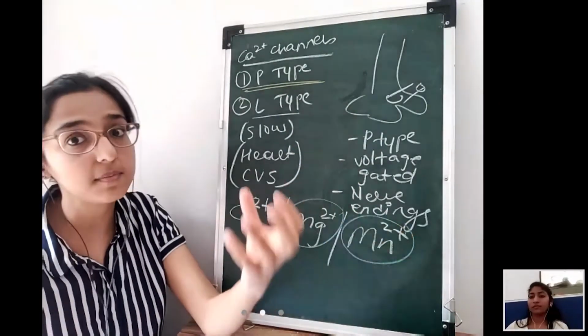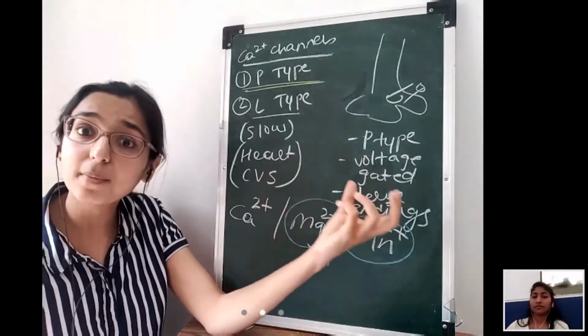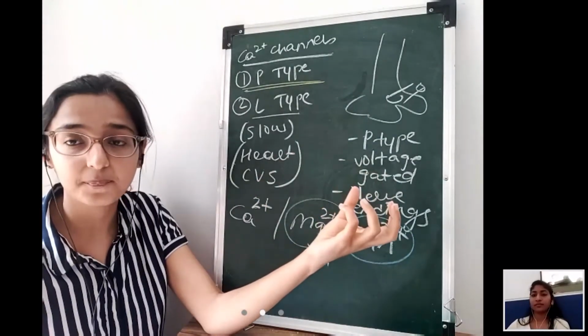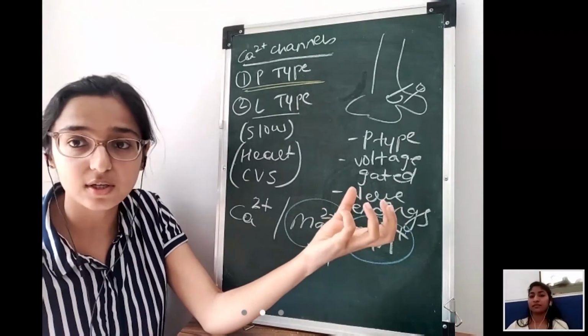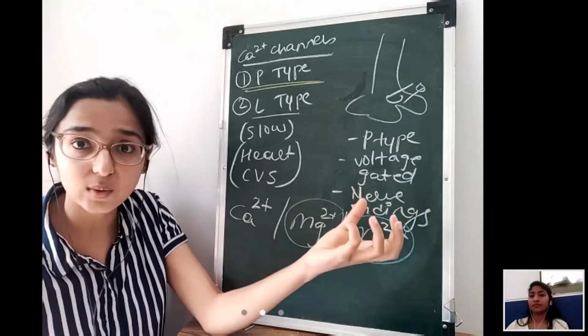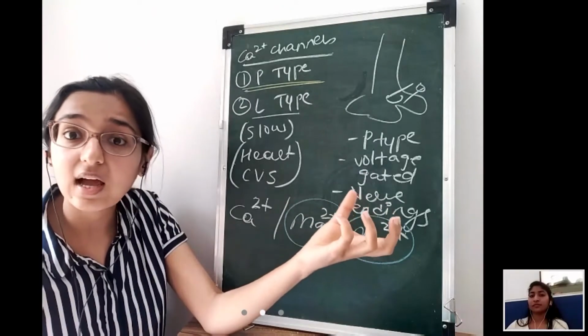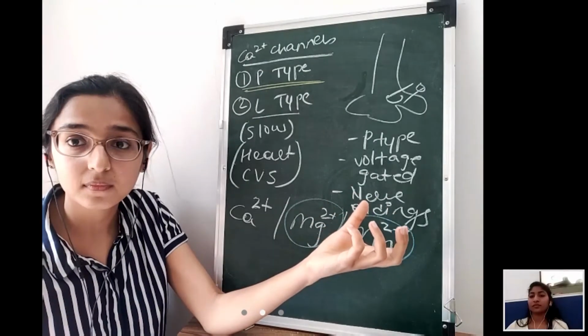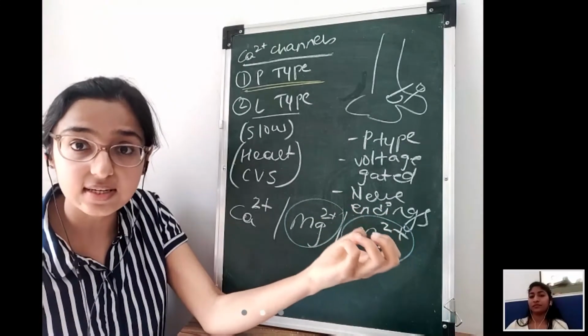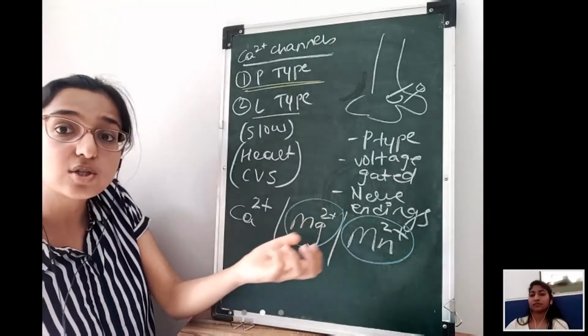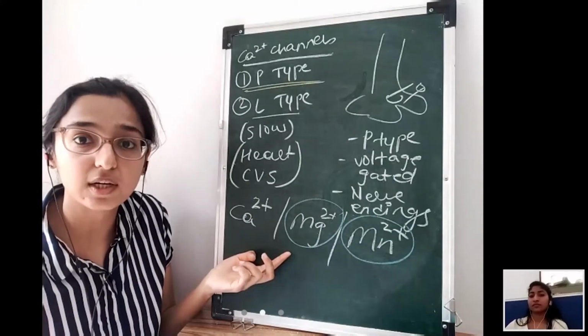More calcium entry means more acetylcholine. Now calcium entry becomes restricted because of magnesium, so less acetylcholine will be released, therefore they can have muscle weakness. That is why it is important for us as anesthetists to know if the patient is receiving any magnesium treatment.